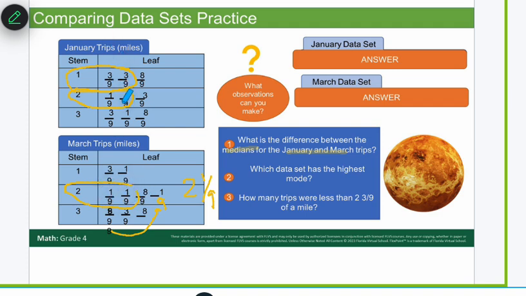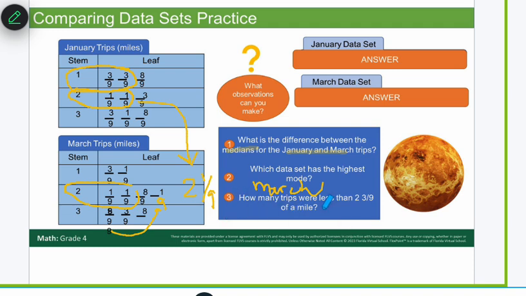Over here, because it's bimodal, remember I have to find the average between it. So I know the average between 1 3/9 and 2 1/9 is going to be less than 2 1/9 because 1 3/9 is less than 2 1/9. So I know which data set has the highest mode, that is March.